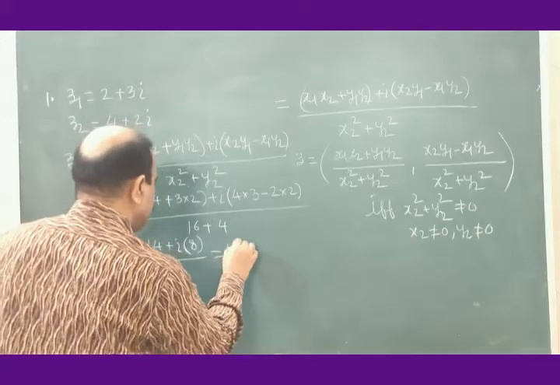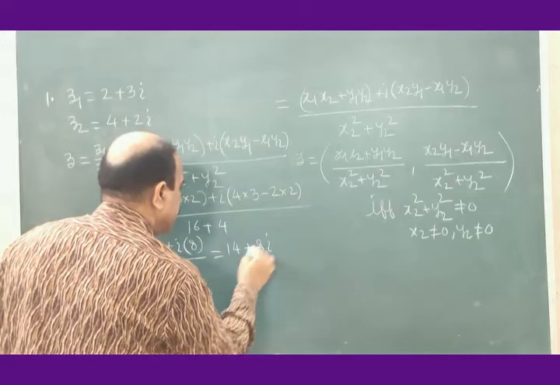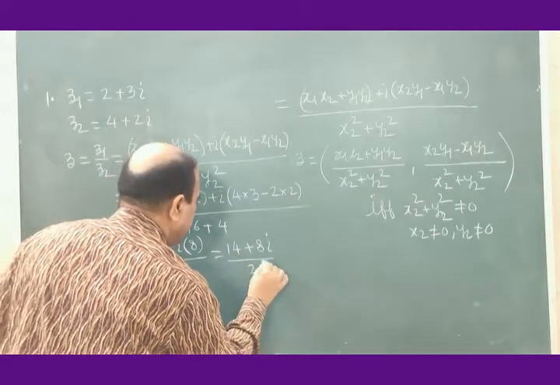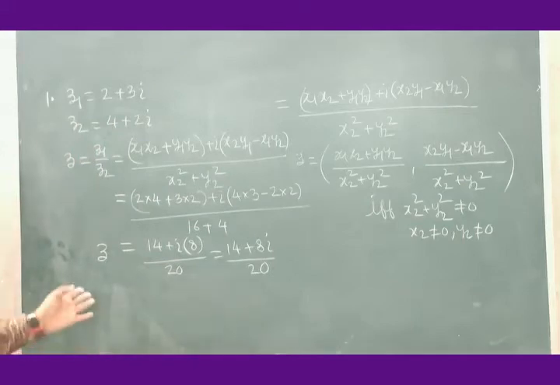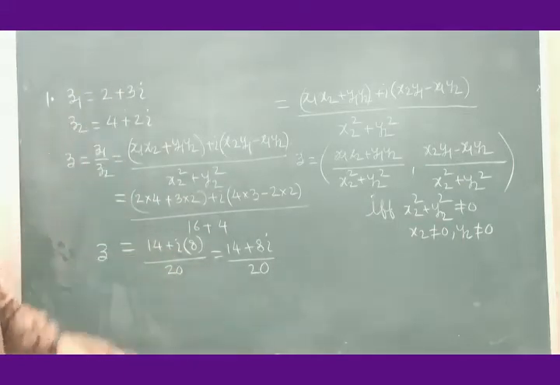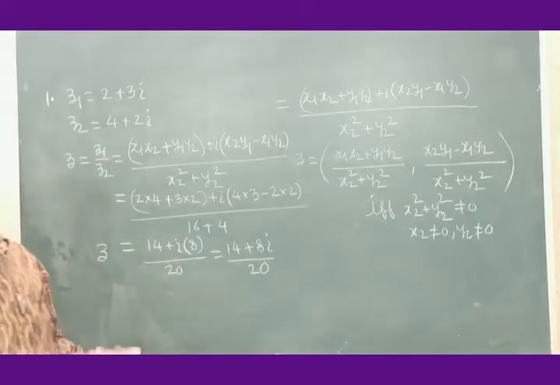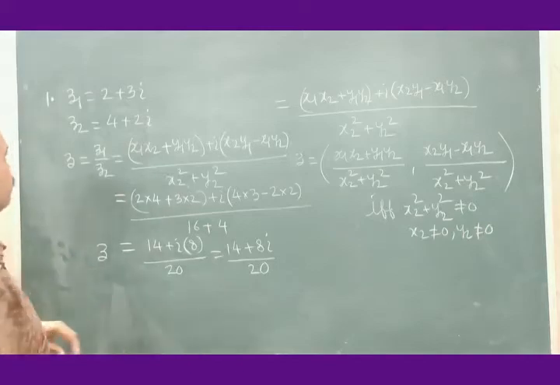This is 14 plus 8i divided by 20. So this is the answer of division of these two complex numbers. Quickly, let us go for one more problem.